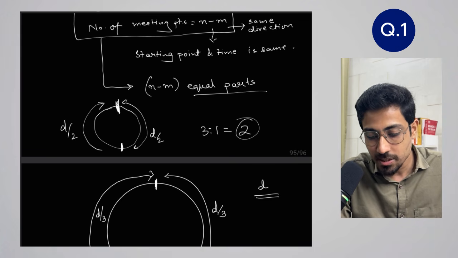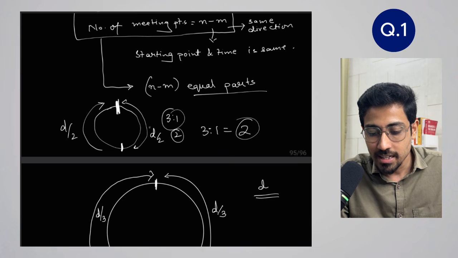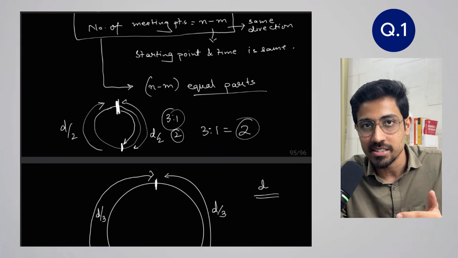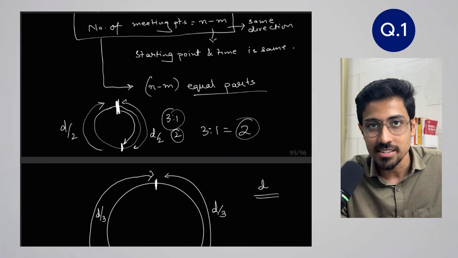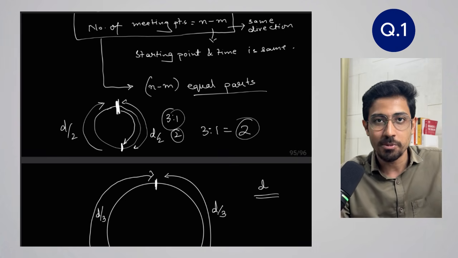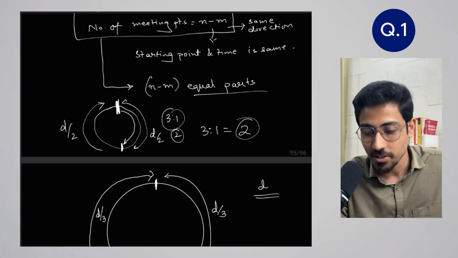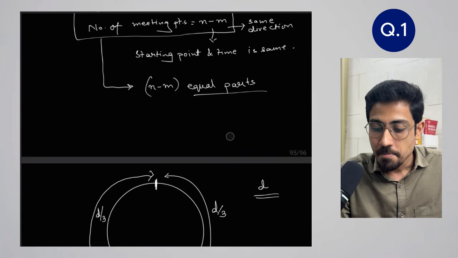If they start over here and the speed ratio is 3 is to 1, then they meet at 2 points in the circle, and that's why the other point has to be exactly diametrically opposite to the starting point, because those 2 points have to divide the circle into two equal parts, d by 2 from first point to second point, then again second point to first point, it has to be d by 2. Okay, so I hope this particular concept is clear to you.